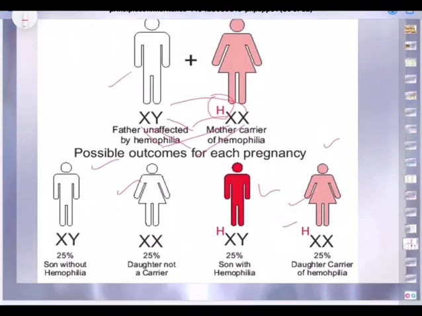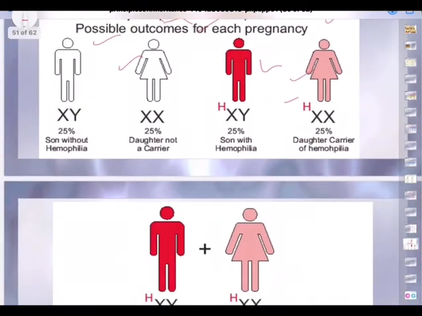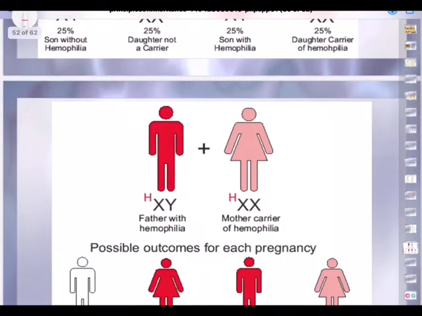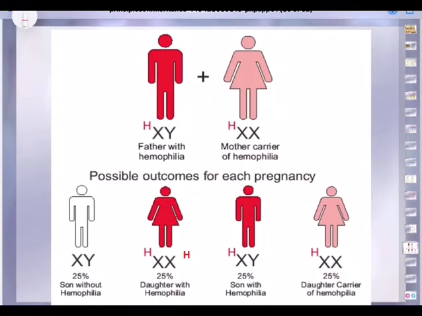So out of the two sons, unfortunately, one son is becoming hemophilic and the other son is healthy. Out of the two daughters, physically they will appear normal, but one girl is dangerous because she is a carrier. This is how the carrier gives a gift to the son during this recombination.